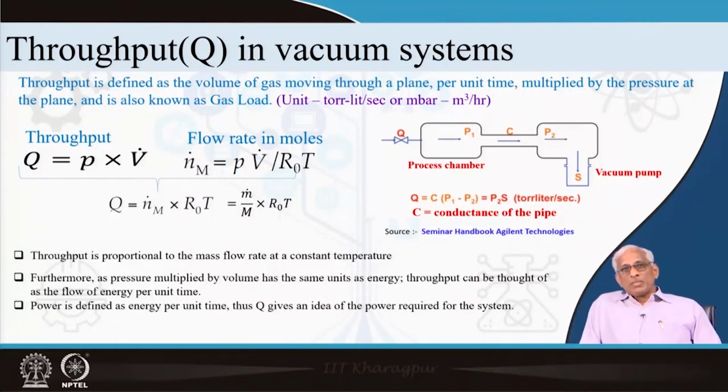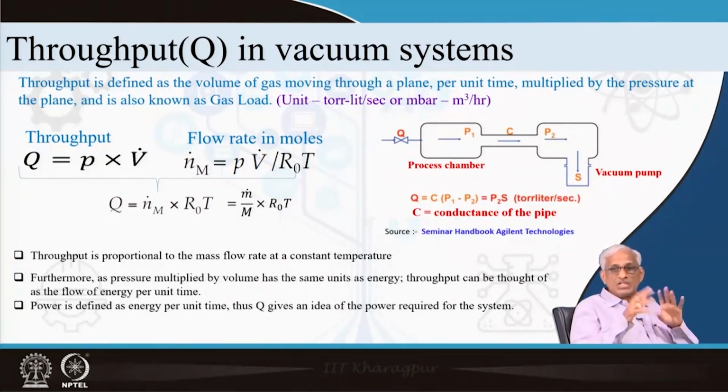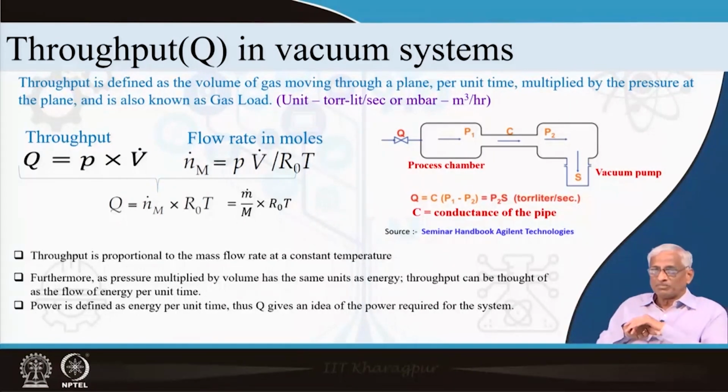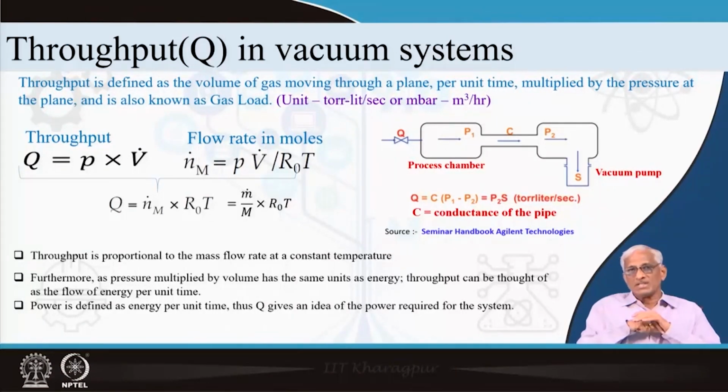Further, pressure multiplied by volume has the same units as energy, because PV is nothing but energy, is it not? That is why those who deal with thermodynamics know PV is basically energy. With consistent units you can also link them in terms of joules, etc., through some constants.